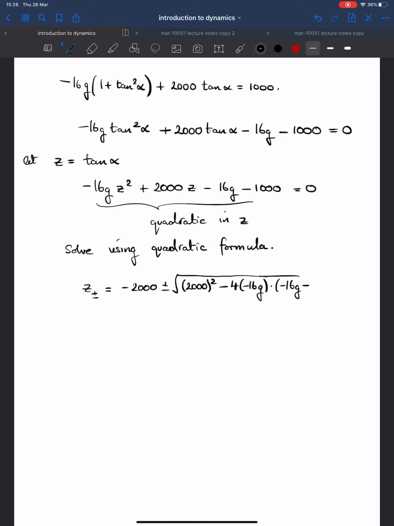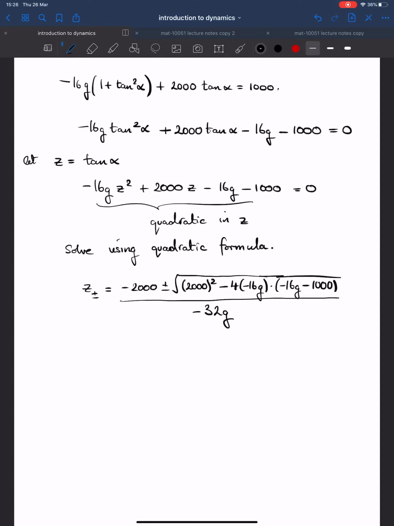But anyway, we're just going to throw this into a calculator, which we can do. And then all divided by minus 32g. Okay, so if you do this, I'm now going to just head to the computer and pray to God that we get something sensible.